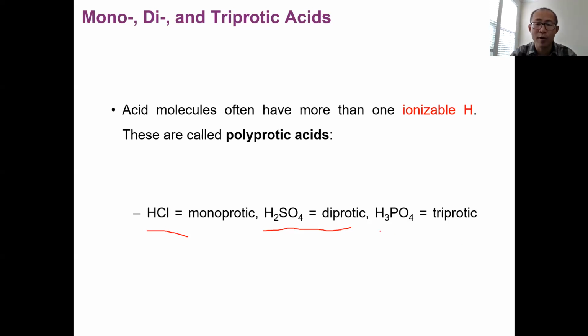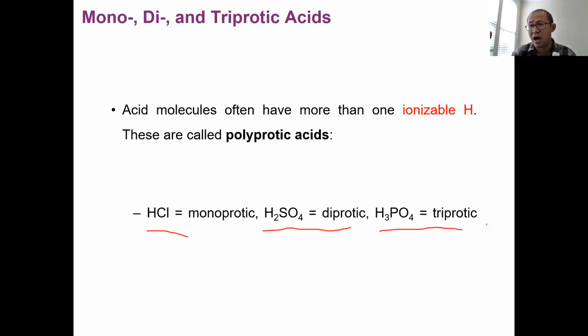Another example is phosphoric acid, H3PO4. You can see it has three hydrogens. Potentially, those three hydrogens can ionize to produce three protons per molecule, even though the process is very weak.